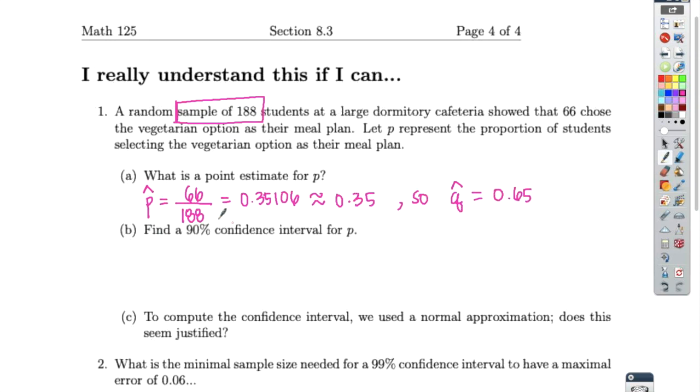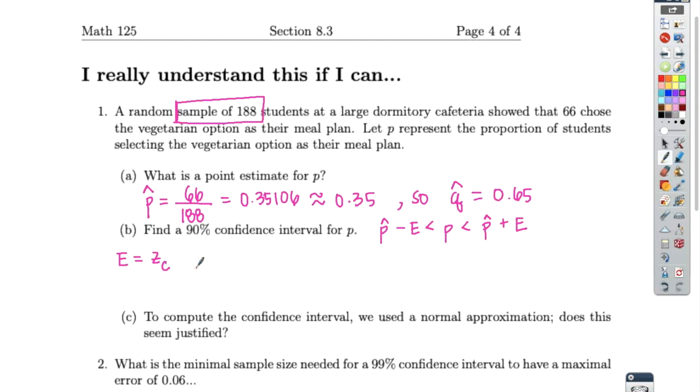Okay, find a 90% confidence interval for P. So a confidence interval would look like P hat minus the error is less than P is less than P hat plus the error. I already know P hat, and P just stays P. We don't plug in anything for P, which means that all we need to do in this problem is find E, the error, and we have a formula for it. The first thing that the formula says is that we need our critical value.